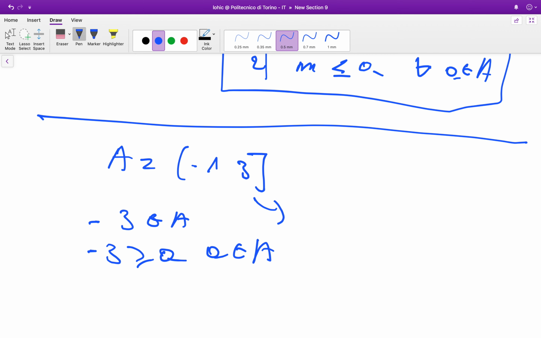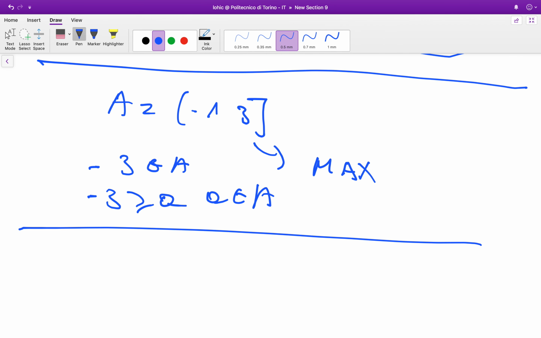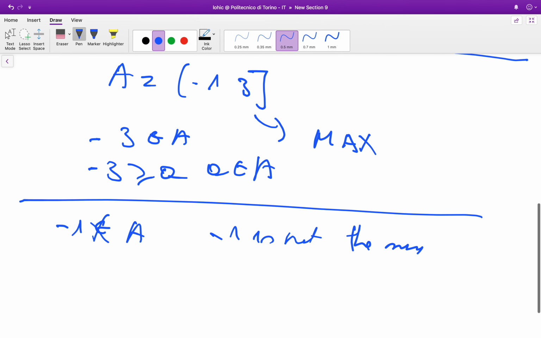So this 3 is the maximum. But is minus 1 the minimum? Minus 1 does not belong to A, so minus 1 is not the minimum.